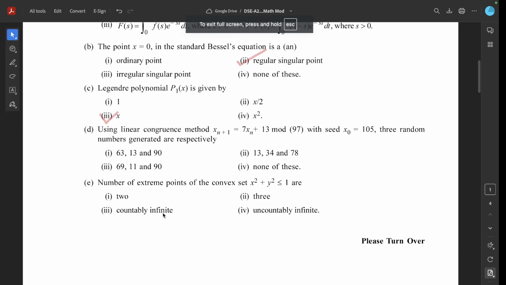Question 1d. Using the linear congruence method, x_(n+1) equal to (7 x_n plus 13) mod 97 with seed x0 equal to 105, the 3 random numbers generated are respectively, option is 3.